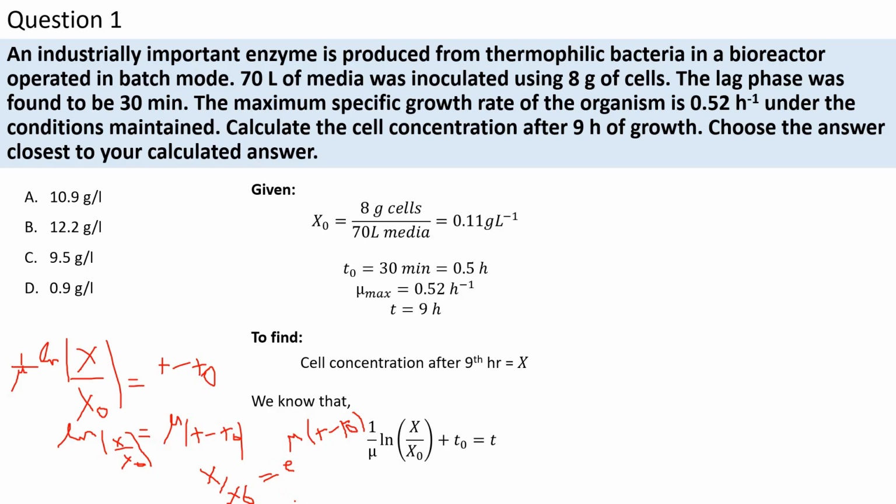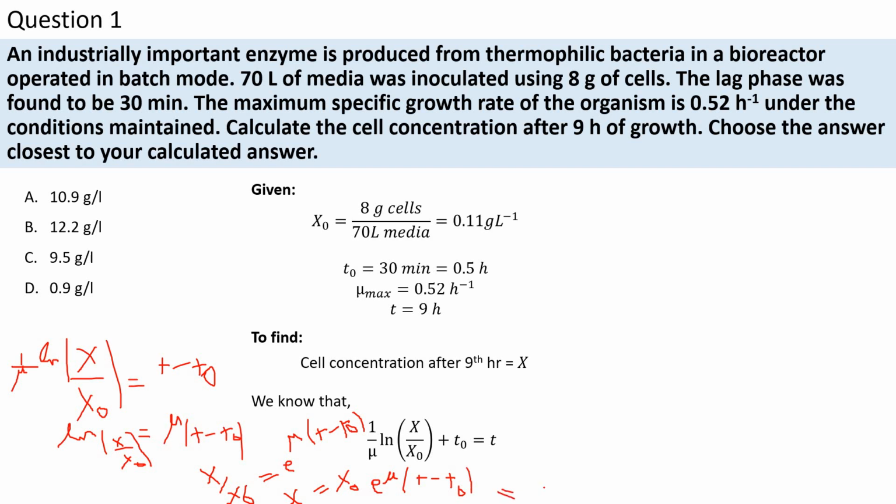So we want to find x only. x is equal to x naught e power mu into t minus t naught. Okay, so we already know what is x naught.